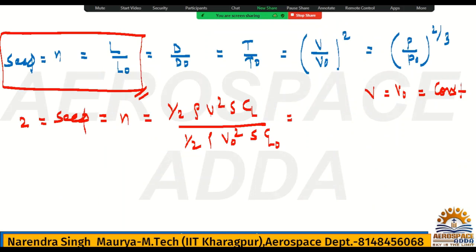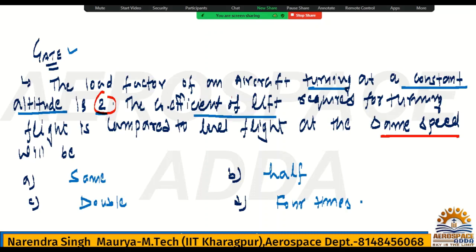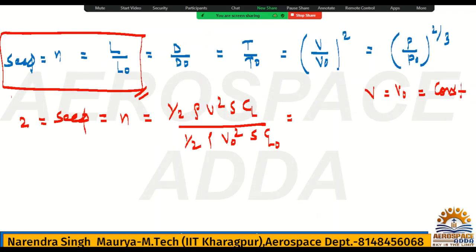Now what will you get? Density will be constant because they have said constant altitude. Constant altitude means density will also be constant, rho is equal to rho naught. Yes or no? Definitely area S will be constant. So what will you get? You will get CL upon CL naught.